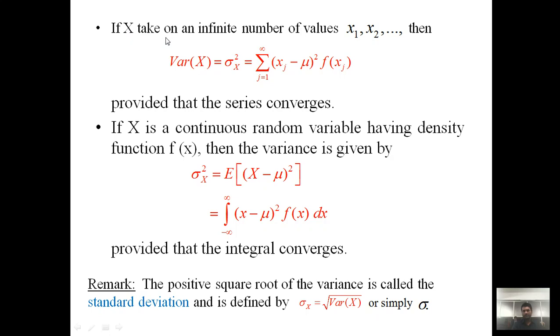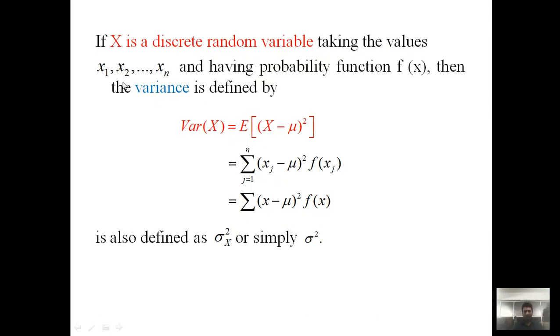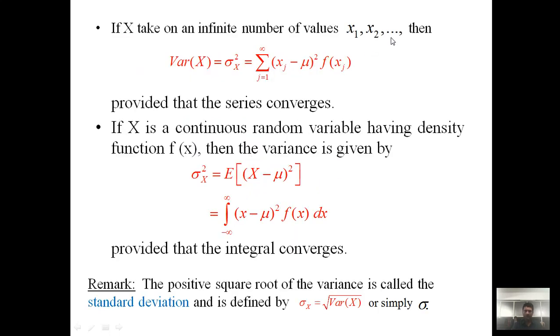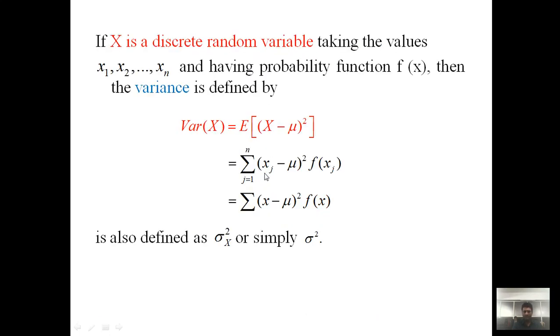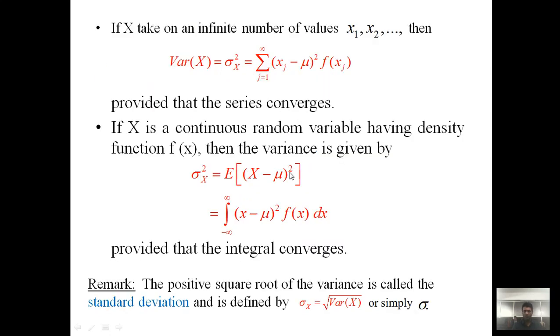If the random variable takes an infinite number of values, say x1, x2, x3 and so on up to infinity, then the variance sigma x square is as follows. Before, we considered finite values, so the sum ran from 1 to n, but here it takes infinite values, so the upper limit tends to infinity and the remaining terms are as they are, that is, (xj minus mu) square into f of xj.